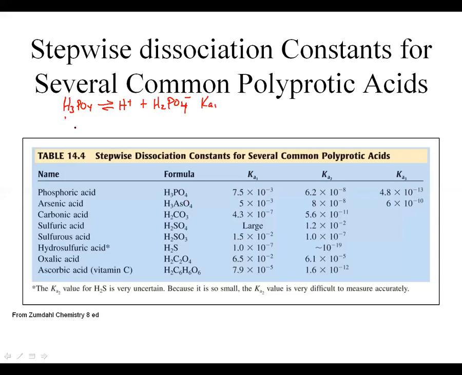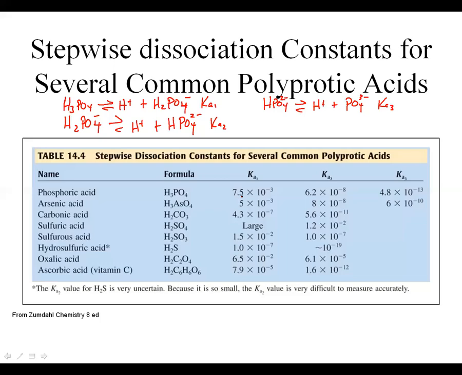The next thing that will happen is H2PO4 minus will drop off the second H plus, and we'll get to HPO4 2 minus, also with a Ka value. And the last step is HPO4 2 minus drops off that last H plus, and we'll get PO4 3 minus, which is Ka3 in this case. And that's what we see in these tables.